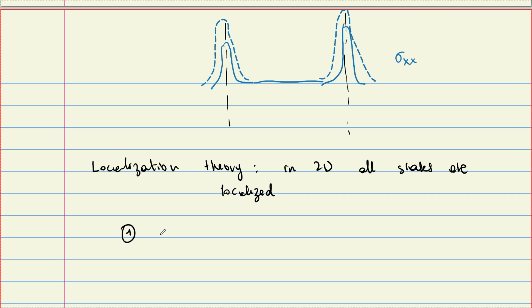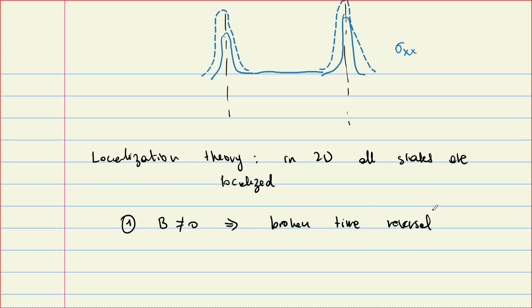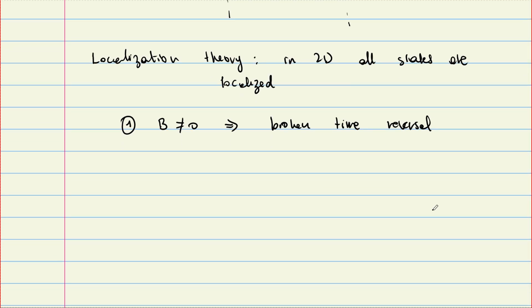First, here there is a magnetic field, which means broken time reversal symmetry. So these weak localization arguments we laid out cannot be applied.